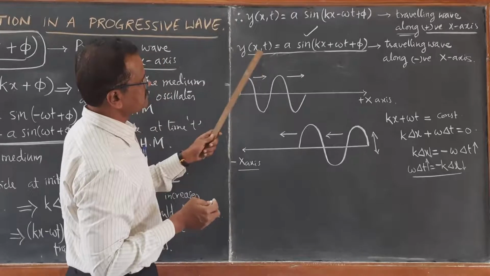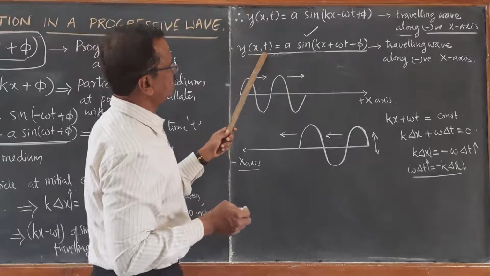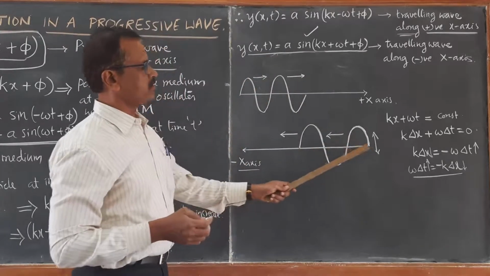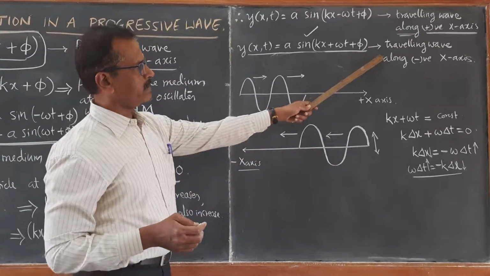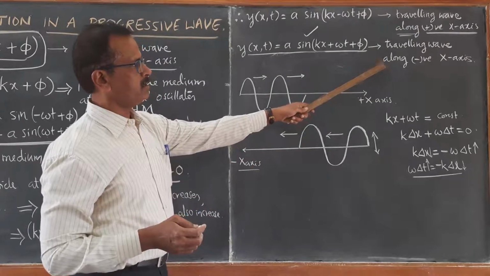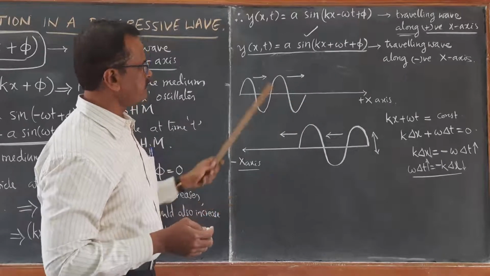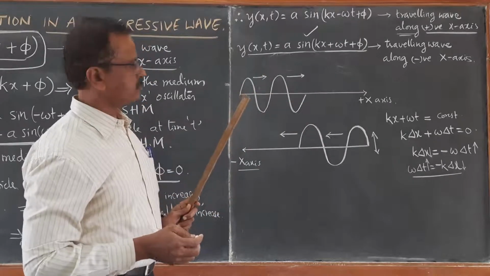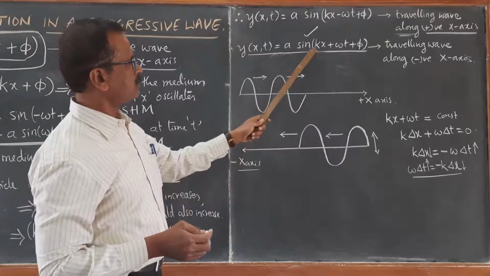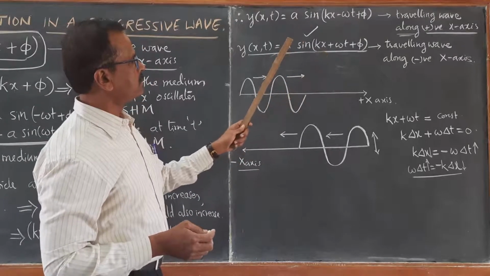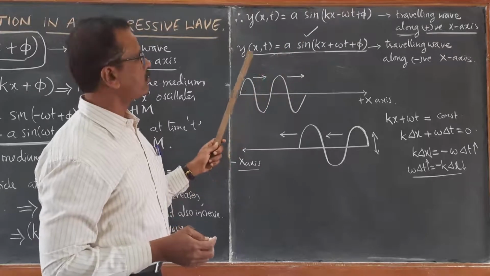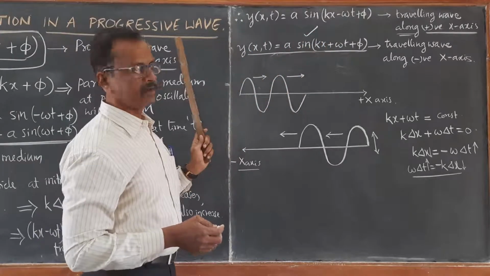That's how this second equation represents displacement of the particles of the constituent medium of a progressive wave traveling along negative x-axis. That is evident from these two diagrams. So this argument plays a very important role in determining whether the wave is traveling along positive x-axis or negative x-axis.